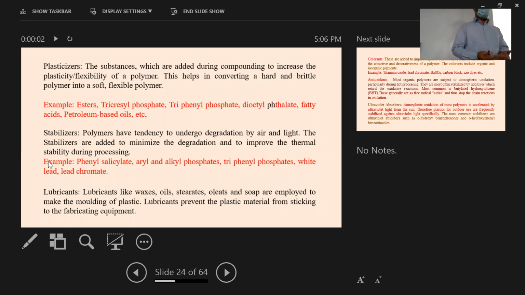So when we ask you to write down the reaction of some chemical with air, most of the time you need to write down the reaction of that chemical with oxygen. Is it? The major percent is nitrogen. However, nitrogen is mostly inert. Therefore, we do not consider it. If you mention air, that means oxygen. So if we add these types of materials, that can increase the stability or minimize the degradation.